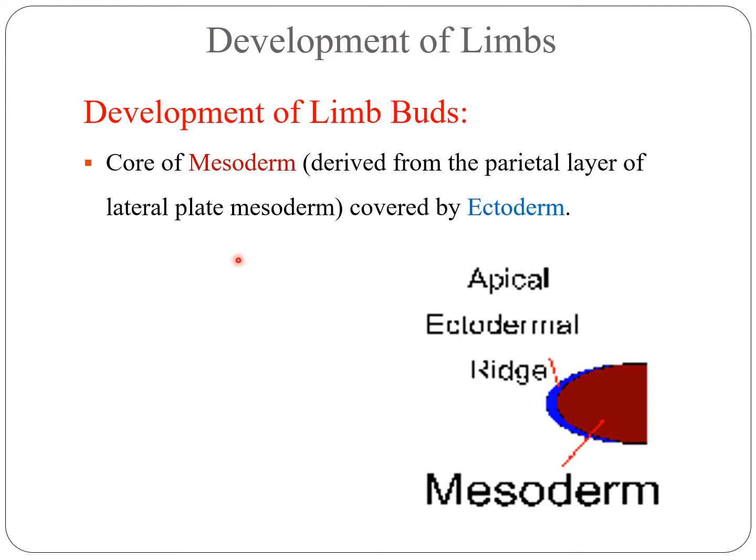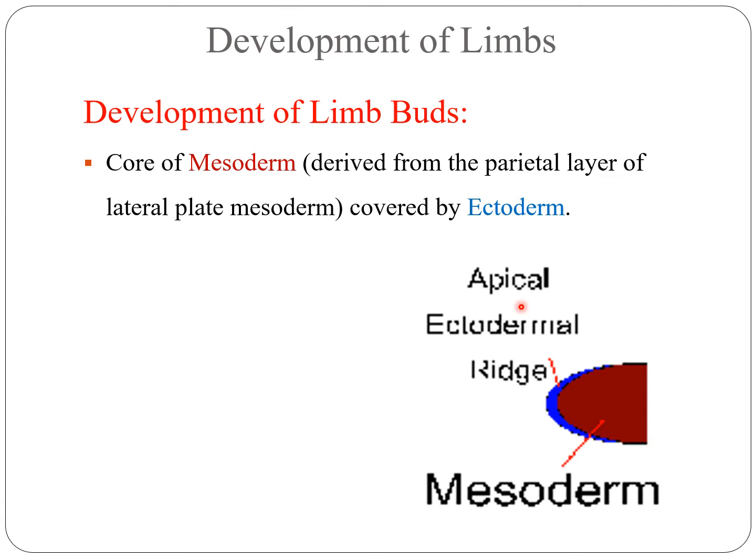What structures or which embryological germinal layers are forming limb buds? They are the mesoderm and ectoderm. A core of mesoderm or mesenchyme, which is derived from the parietal layer of lateral plate mesoderm, covered by the ectoderm. So here we can see the mesoderm, which is derived from the parietal or somatic layer of lateral plate mesoderm, is projecting from the ventral body wall, and it is covered by a layer of ectoderm, which is known as apical ectodermal ridge.